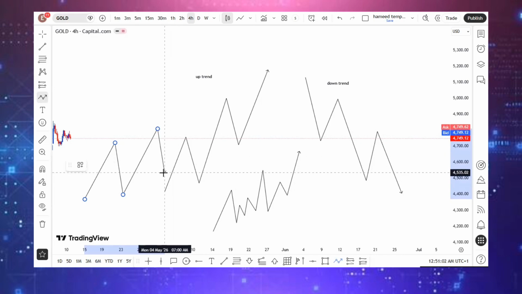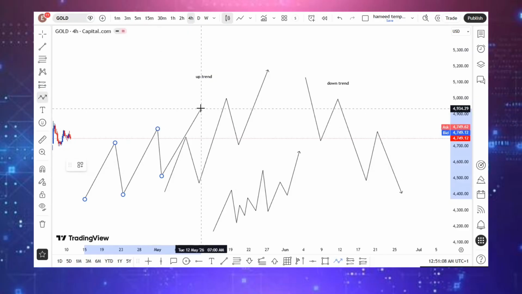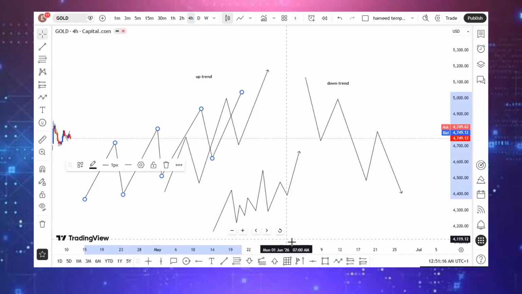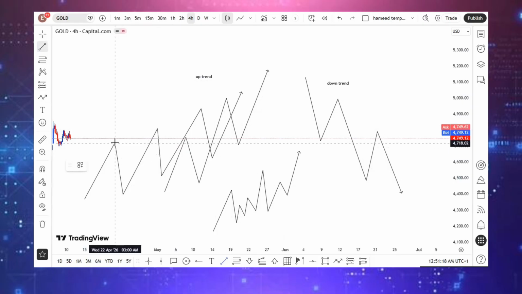Then the market will still come down again since we are in an uptrend and break this one again. Now we are having another break of structure. Come down again, break this one again, and we are having another break of structure.